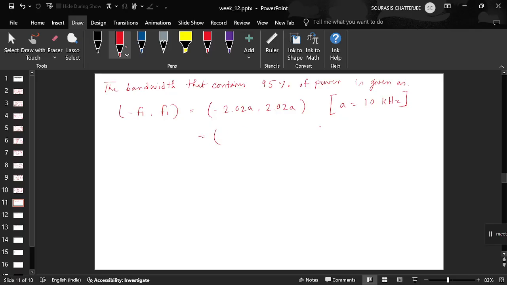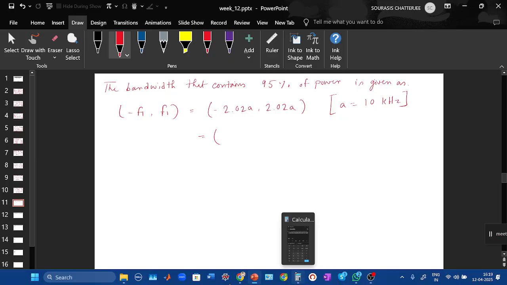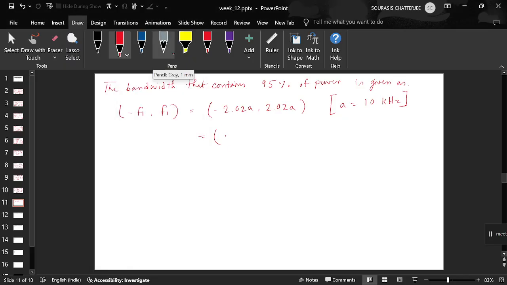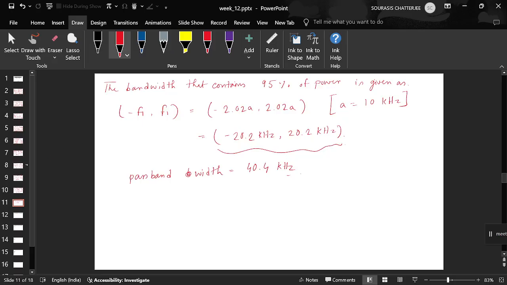So it's 2.02 times 10, so 20.2, minus 20.2 kilohertz to 20.2 kilohertz. If we call it the passband width, it is 40.4 kilohertz. So this particular spectrum contains 95% of total power for the signal given in the question here.